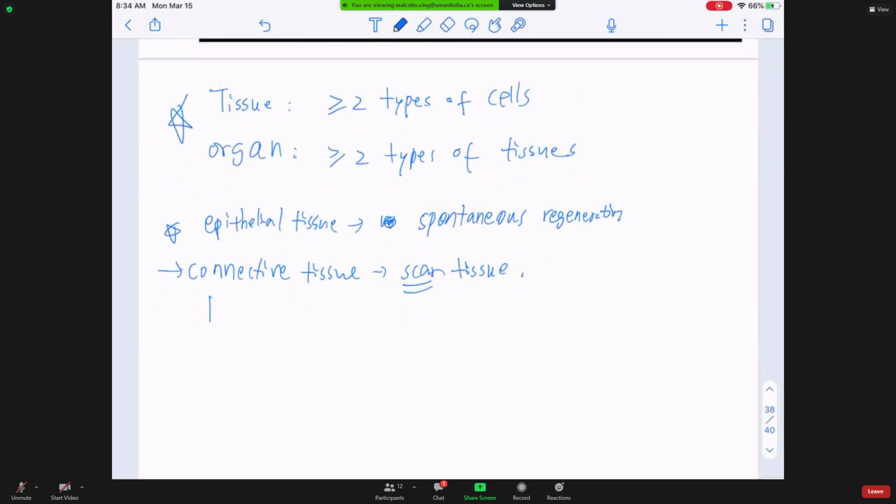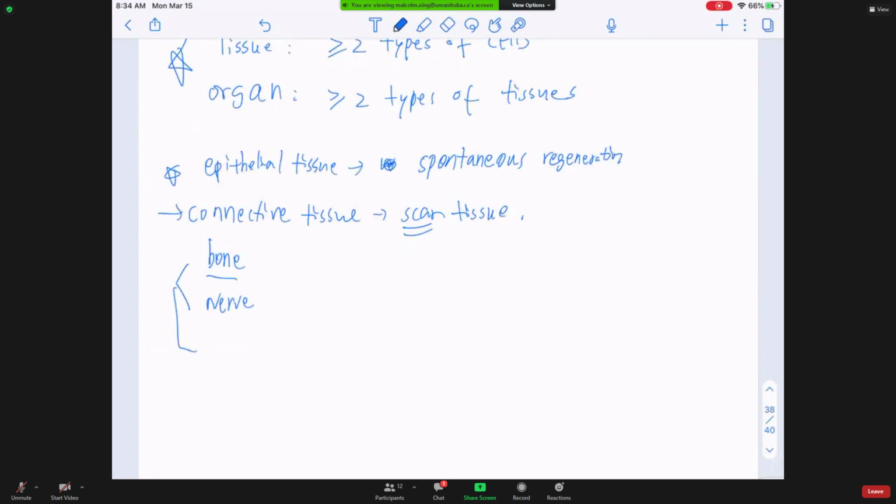And basically we are talking about bone and some other tissues like skeletal muscle and nerve.